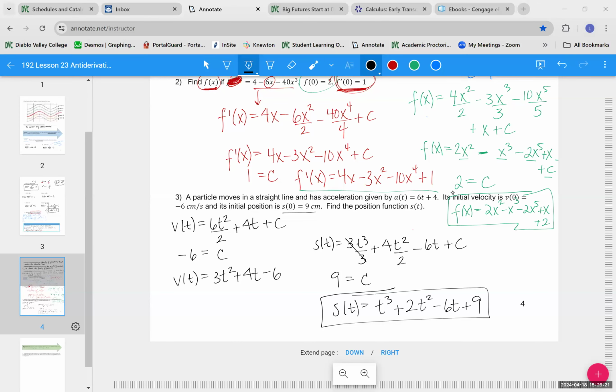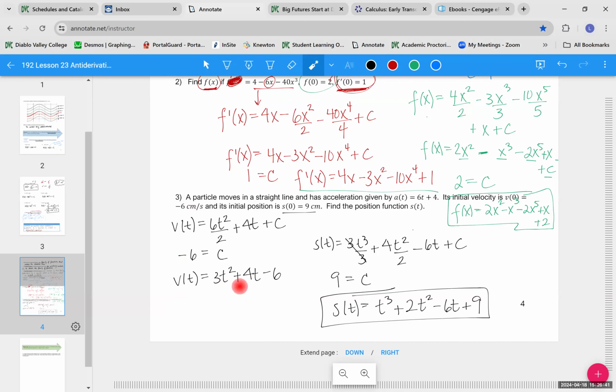Okay, check your work. I went ahead and took an antiderivative of 6t plus 4 here, added my plus c, and then plugged in 0 for t, so these are gone. It's just a c on the right side, and -6 for the velocity.